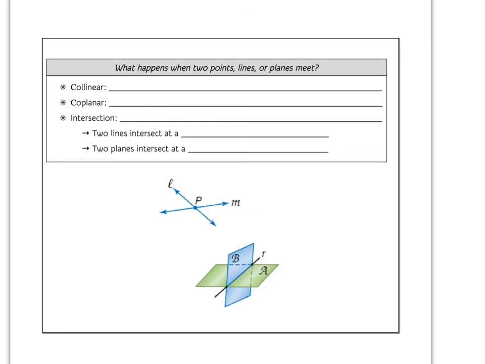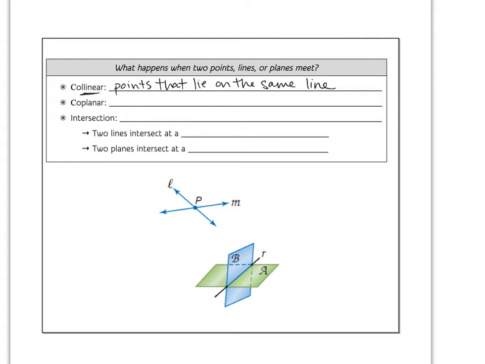A couple other words that you need to know. The first one is collinear. If you have points that are collinear, they lie on the same line. Collinear. You see the word line in there. So we'll say points that lie on the same line.